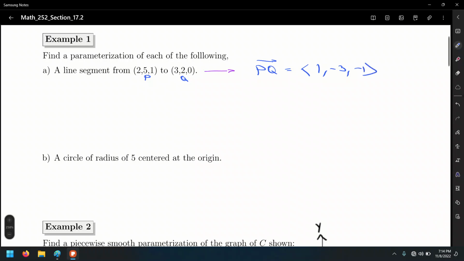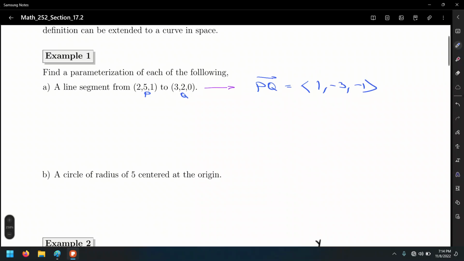And what are we going to do with this? This represents the a, the b, and the c from the set of parametric equations. But we also call this the delta x, the delta y, and the delta z. That is the change in the x direction, the change in the y direction, and the change in the z direction.